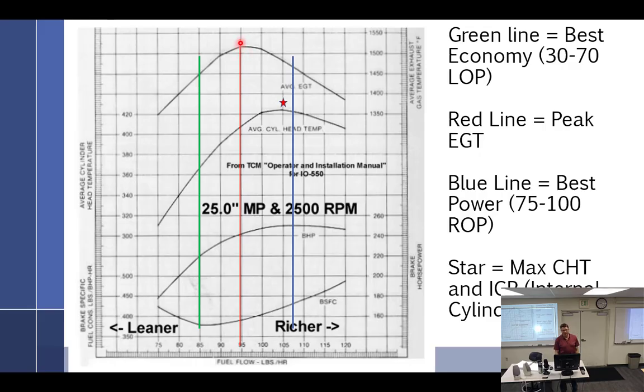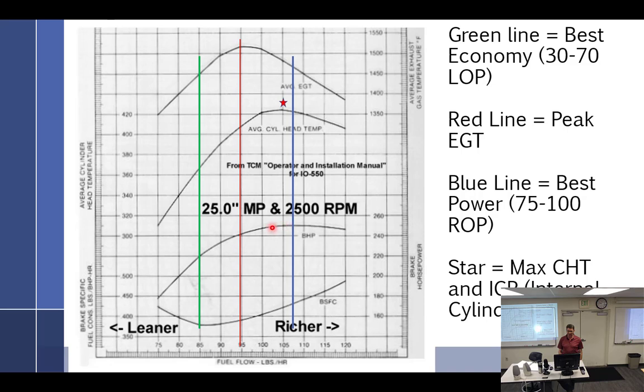If I'm running peak EGT, how's my cylinder head temp running? Pretty low, that's under 420. How about my brake horsepower? It dropped a little bit. This would be the horsepower over here, so 240, 250 looks like max.